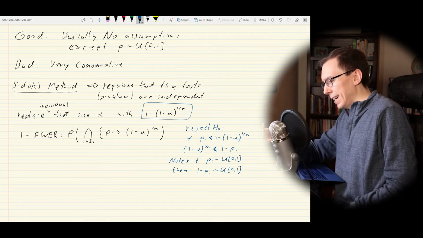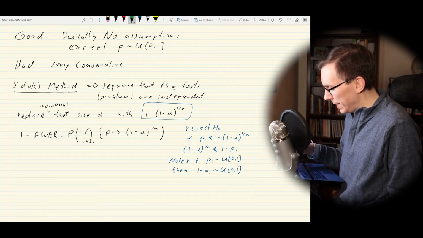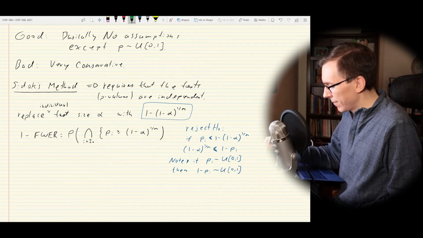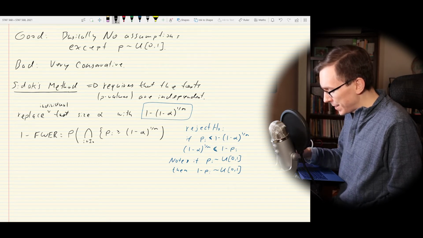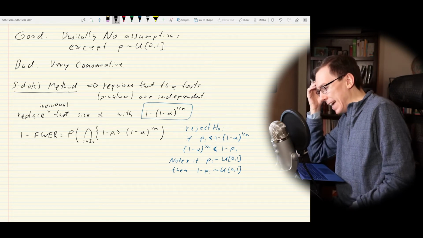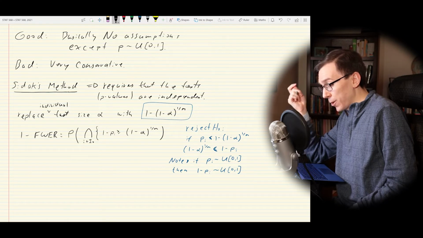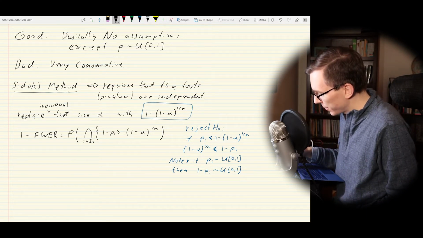So strictly speaking, I should have 1 minus pi in here. It's actually equivalent because pi is still a uniform 0, 1 random variable, but just to make it as clear as I can, we'll say 1 minus pi, which again is still uniform 0, 1. Oh, and I didn't close the curly brackets here.